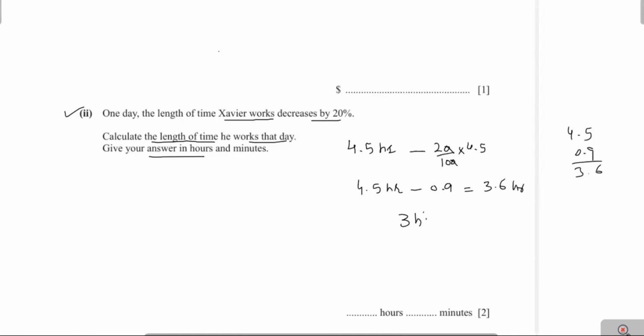Now that's equal to 3 hours plus 0.6 hour. We convert hours into minutes. We multiply by 60, that's equal to 36 minutes. And therefore, 3 hours and 36 minutes. This is the answer.